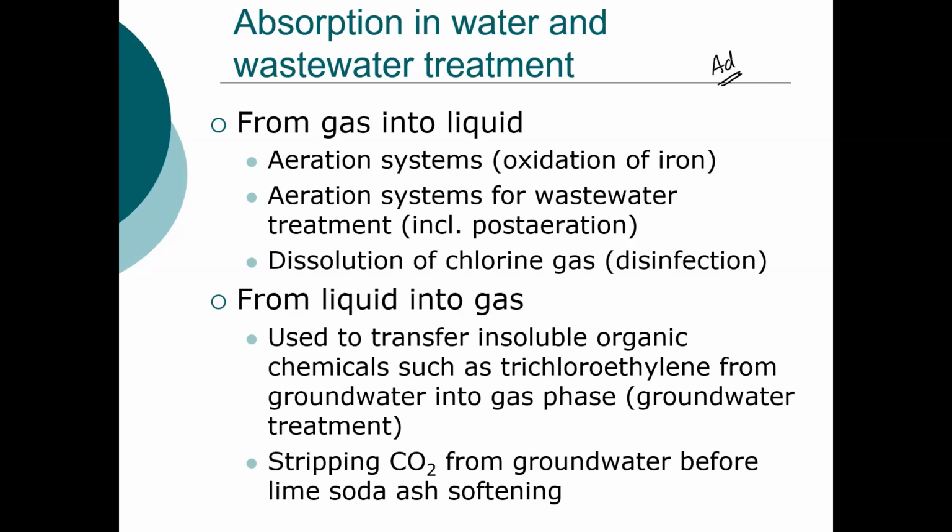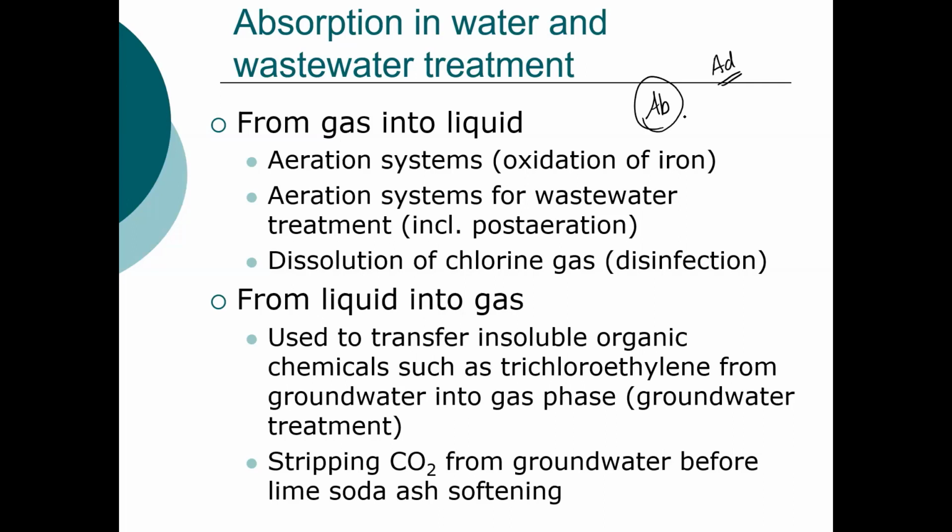And we talked about that solid surface could be anything from granular activated carbon, powdered activated carbon. It can include activated alumina. It can also be fabric. So clothing, curtains, upholstery. Here we're talking about absorption.